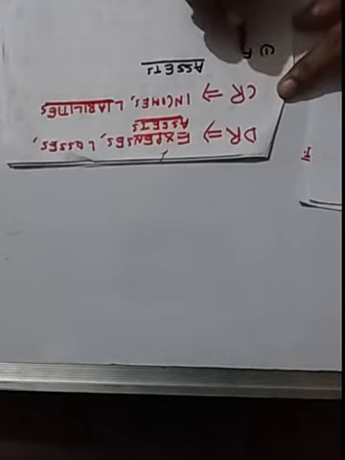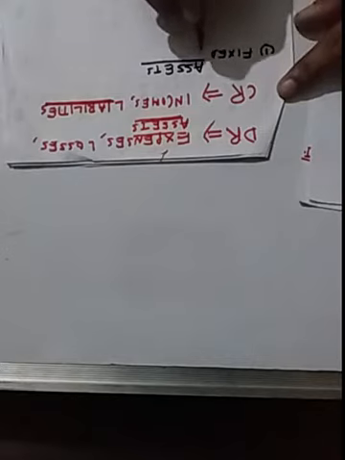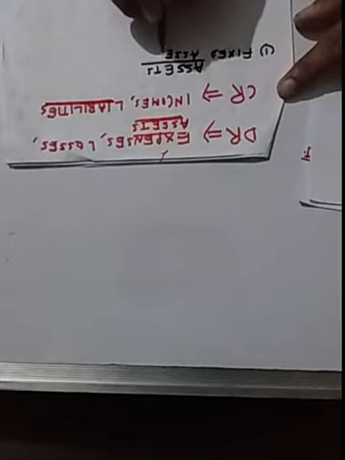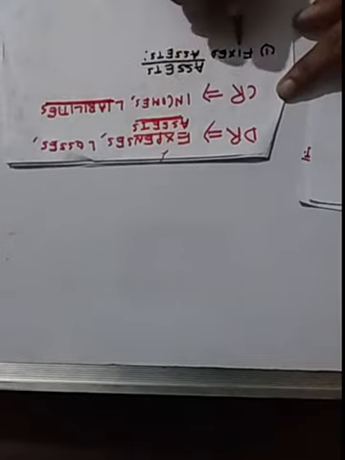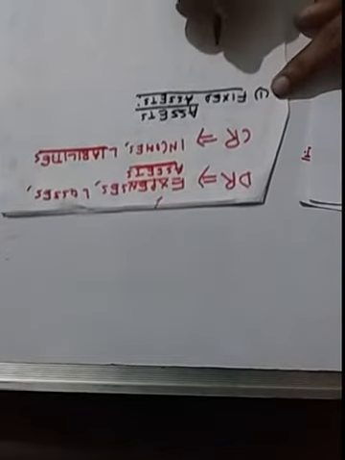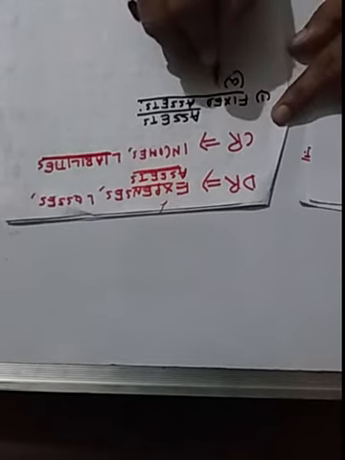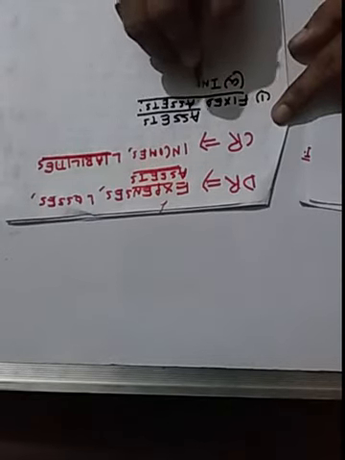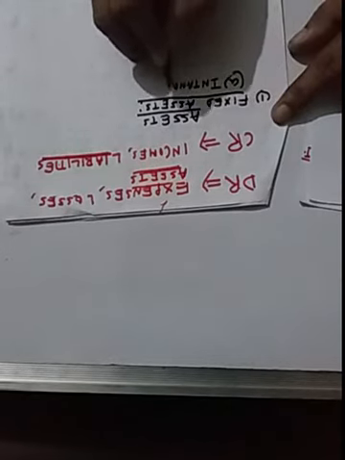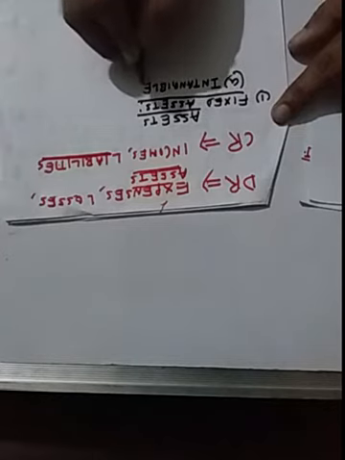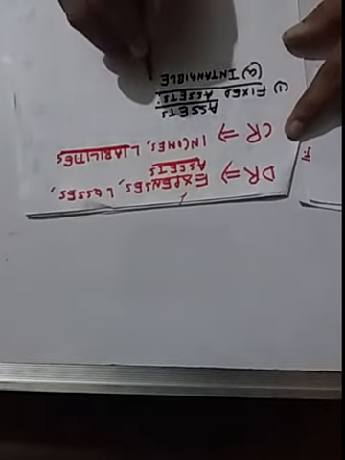First one is the fixed assets. Under fixed asset, number one is intangible fixed asset.